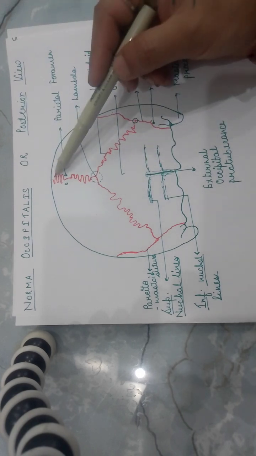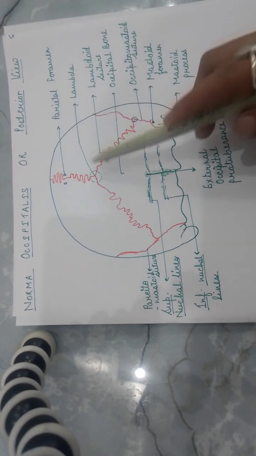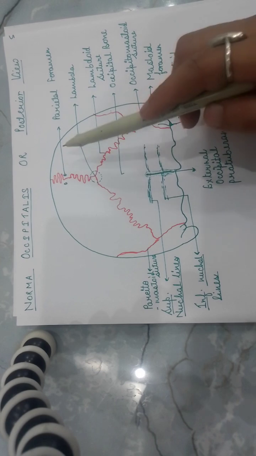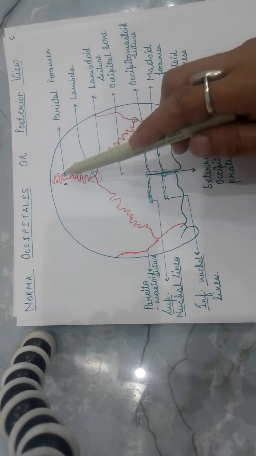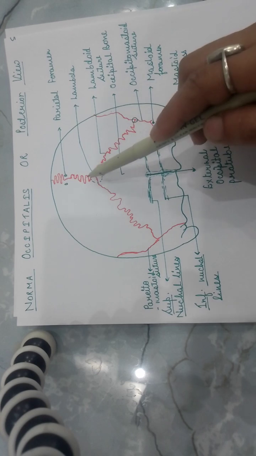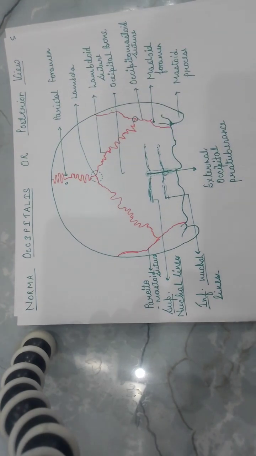And we can also see the posterior part of sagittal suture. Now lambda, parietal foramina, and sometimes obelion can also be seen in the norma verticalis.